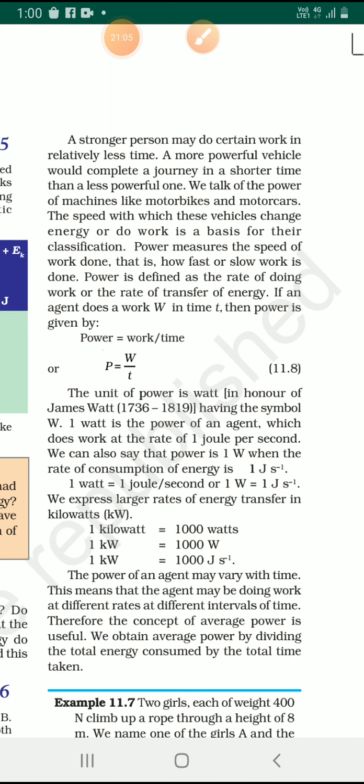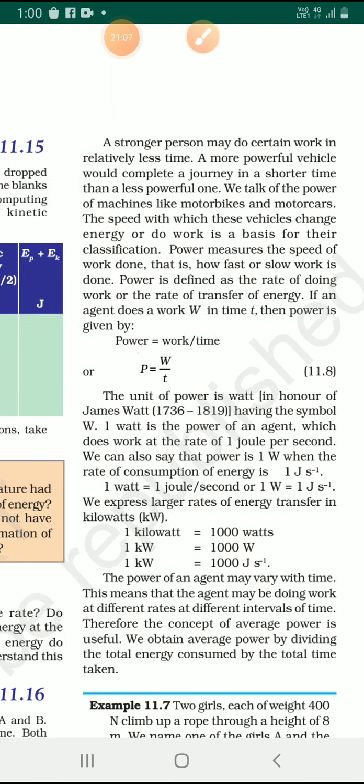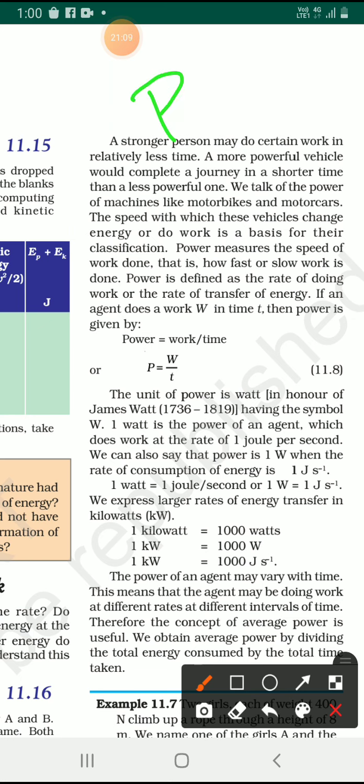Remember that power is denoted by the letter P. Power measures the speed of the work done. Look at here, it is marked here. So power is defined as the rate of doing work.